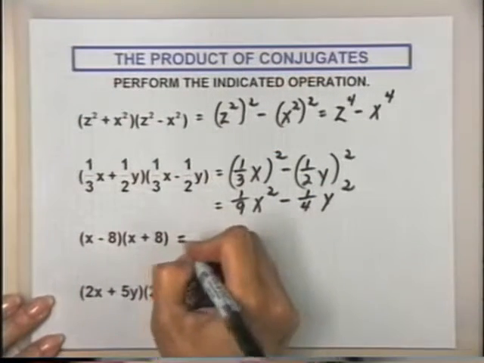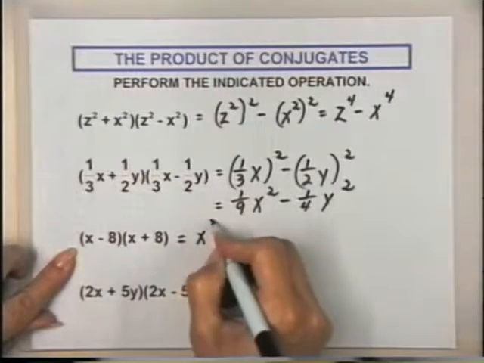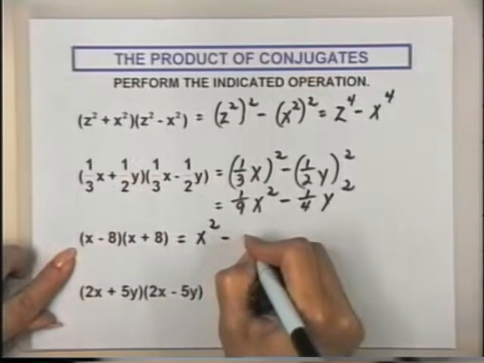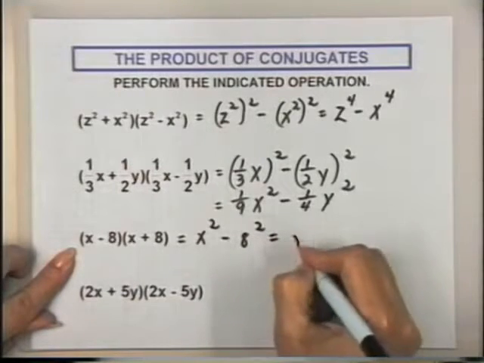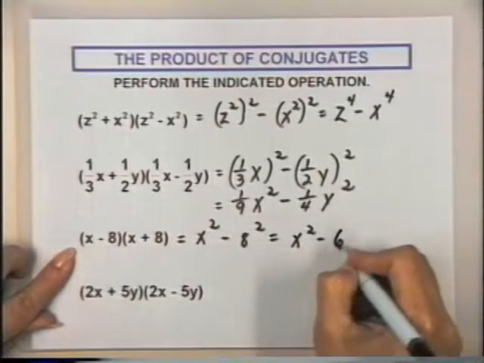X minus 8 times x plus 8, I square the first term, subtract 8 squared. I will get x squared, subtract 64.